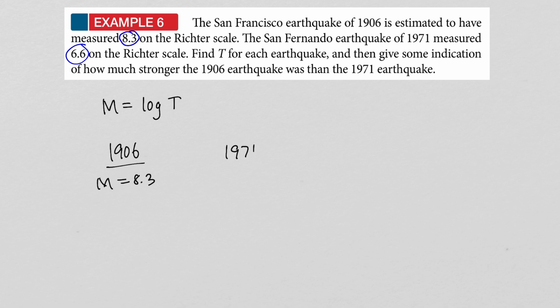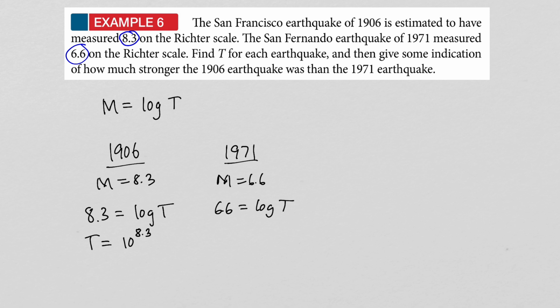Then we have the 1971 earthquake, which had a magnitude of 6.6. So if we plug these into the equation, m equals 8.3 says that 8.3 is equal to the log of t, which means that t is going to be 10 to the 8.3 power. The other one tells us that 6.6 is equal to the log of t, and so t is going to be equal to 10 to the 6.6 power.